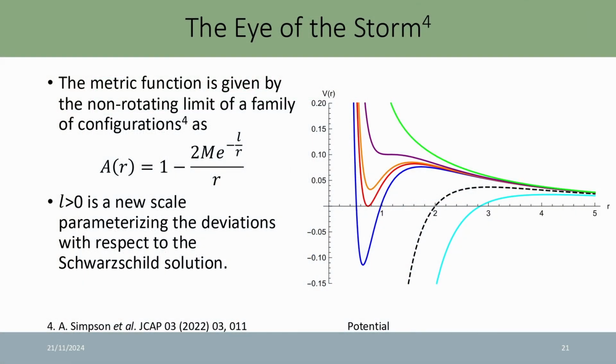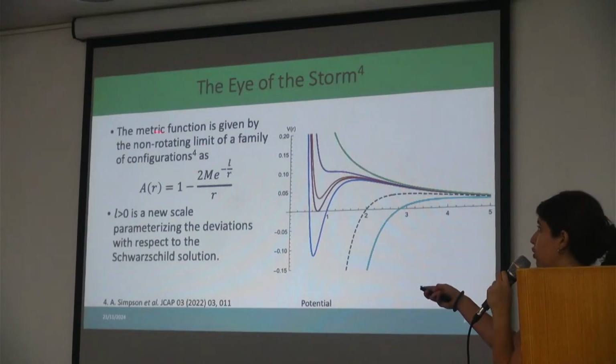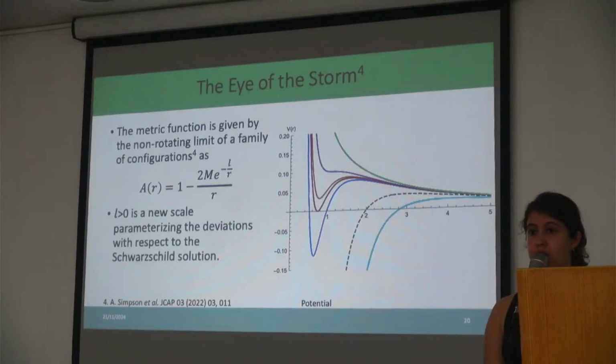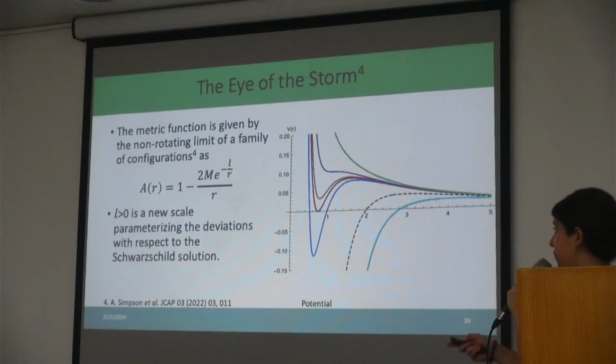And finally, the last geometry that we studied is the Tangherlini-type storm, but we took the non-rotating limit of this family. Again there are several interesting configurations, but some of them contain horizons.